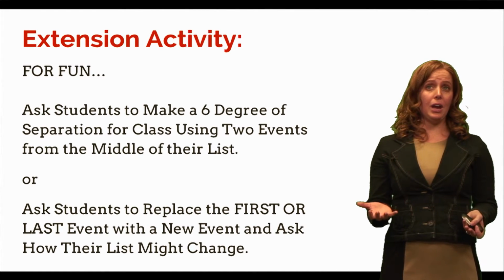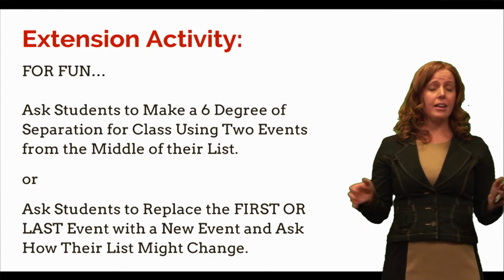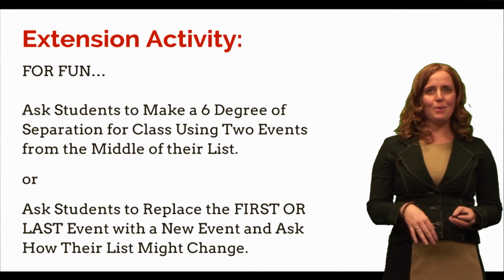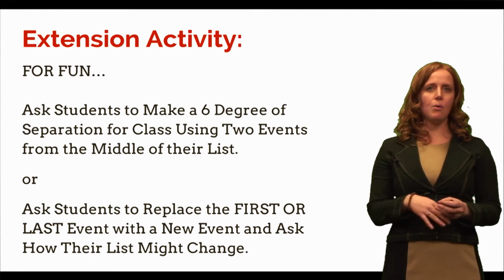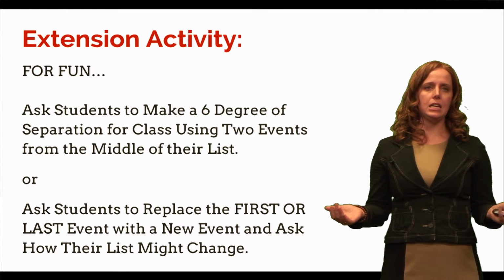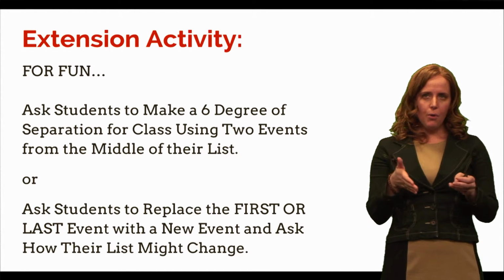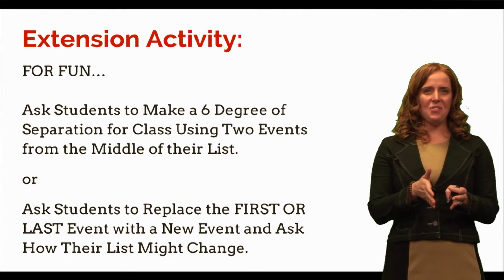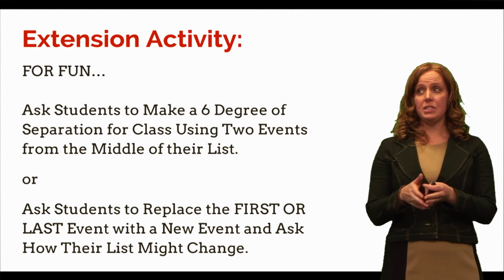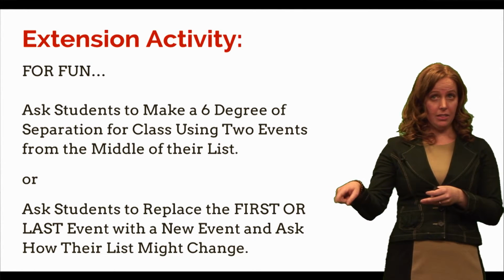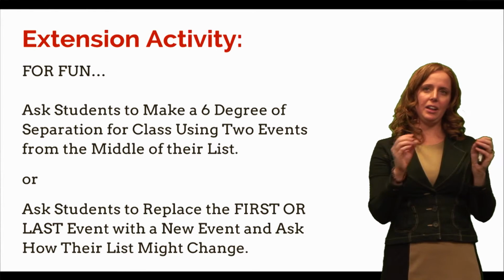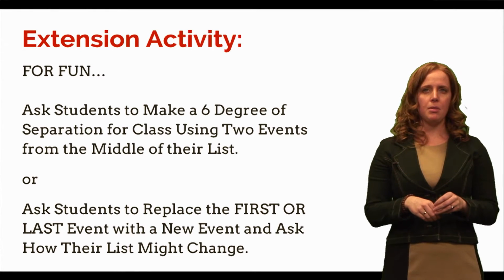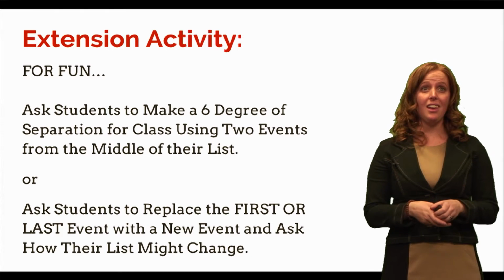So this is great when you start with the really broad 6 degrees of separation where you're doing a quarter or a semester or class ending one, and then have them hone in on different events. And you can go around the room and say, okay, I want you guys to focus in on these 2, and have them all then create a sub one for some of the smaller units of study.